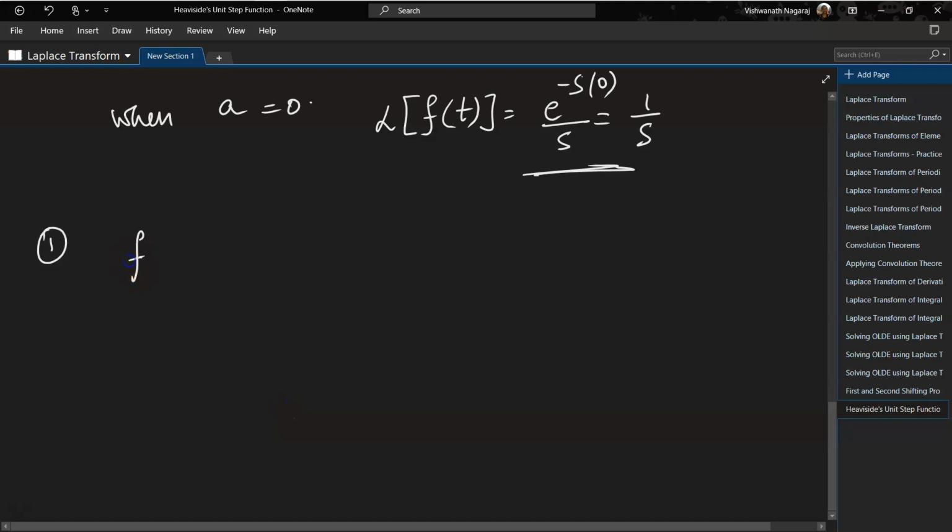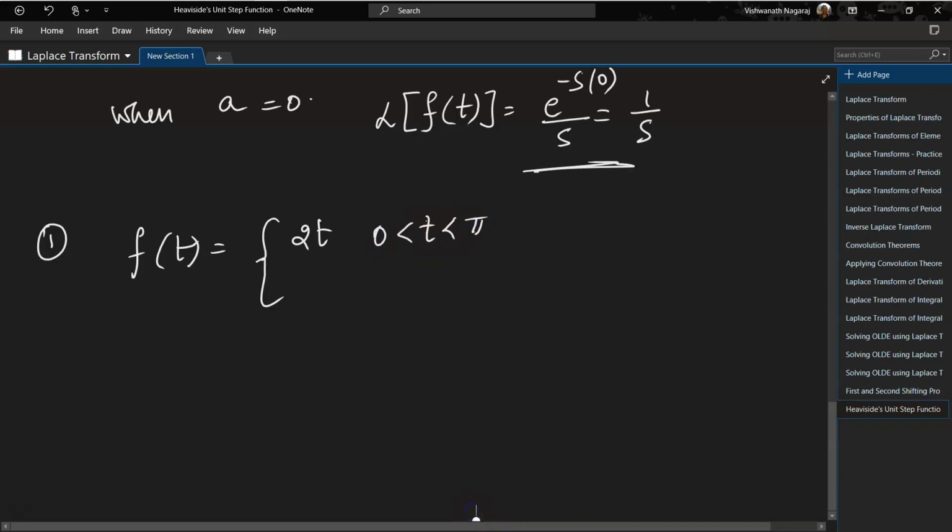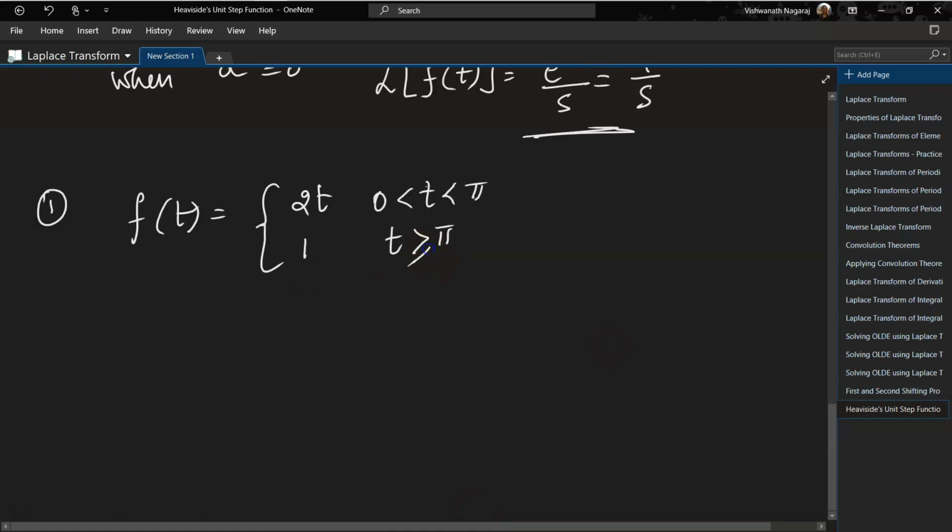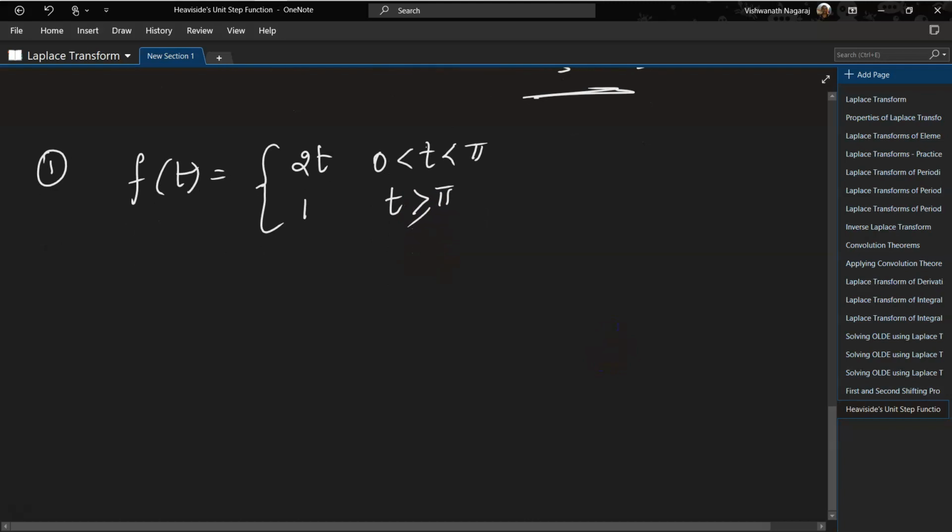So let us say f of t is equal to, and this is a step function, 2t when t is less than 5, and 0 between 0 and pi, and it is 1 when t is greater than pi. Okay, let's say greater than or equal to pi.